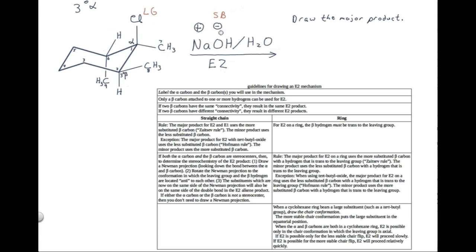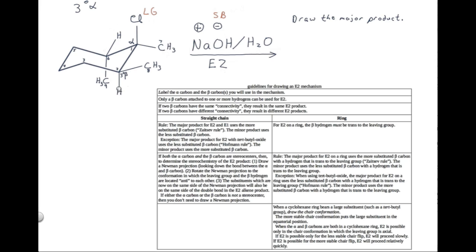So here we're using a hydroxide base, not a tert-butyl oxide base, so this exception does not kick in. And instead we follow the general rule. The major product for E2 uses the more substituted beta carbon. But make sure you watch out and check whether you're using tert-butyl oxide, because that would be an exception to that rule. Okay, so we've done the work and we've decided that we're going to use this beta hydrogen.